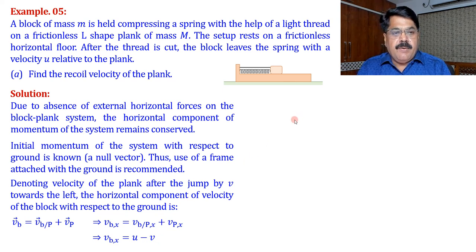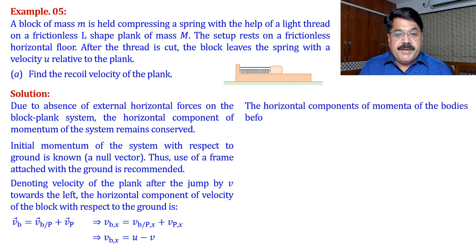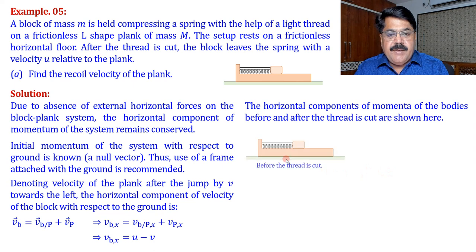Now we draw the momentum diagram. The horizontal components of momentum of the bodies before and after the thread is cut are shown here. Initially, before the thread was cut, no body was moving, so total momentum is 0.